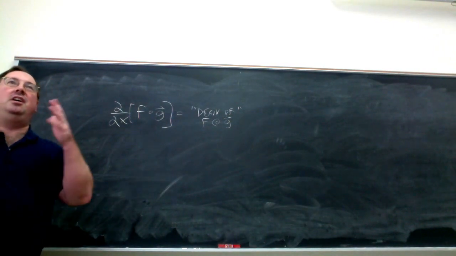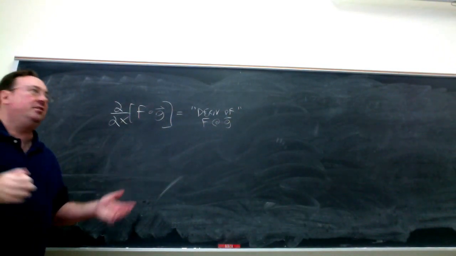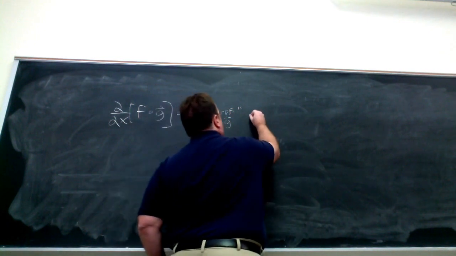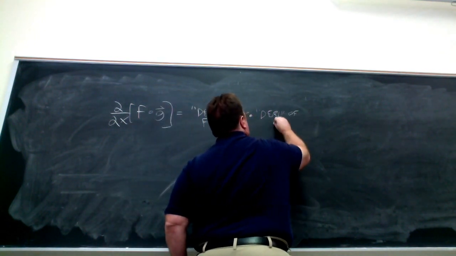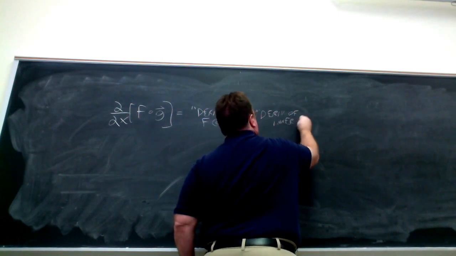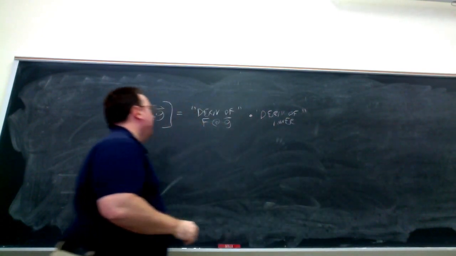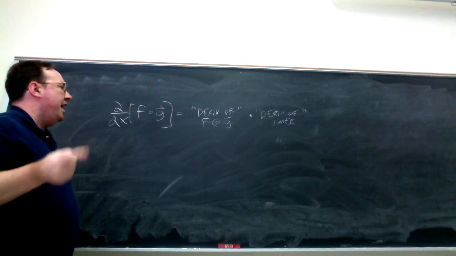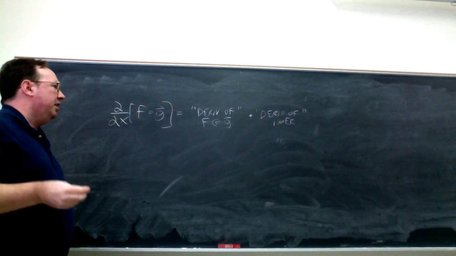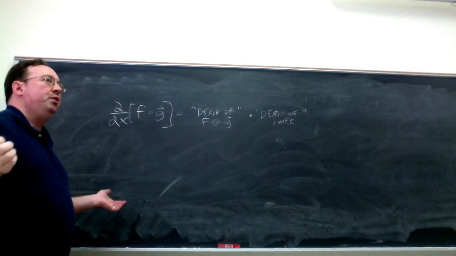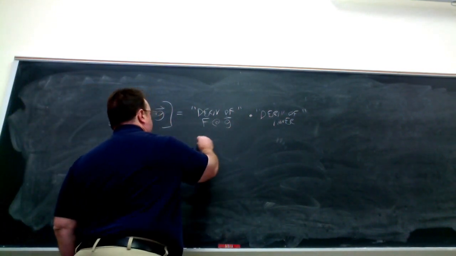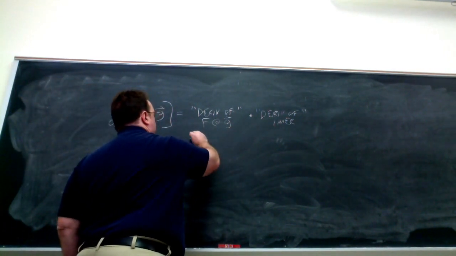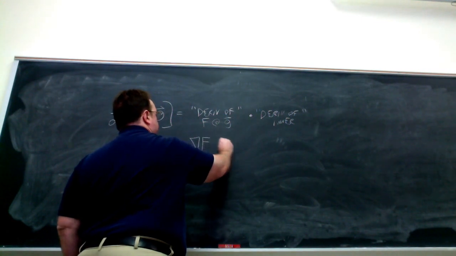Derivative of the outer function evaluated at the inner function, times the derivative of your inner function. Now, in this case, capital F is a function that has multiple inputs, 2 inputs, and only 1 output. So the derivative would be the gradient of f.